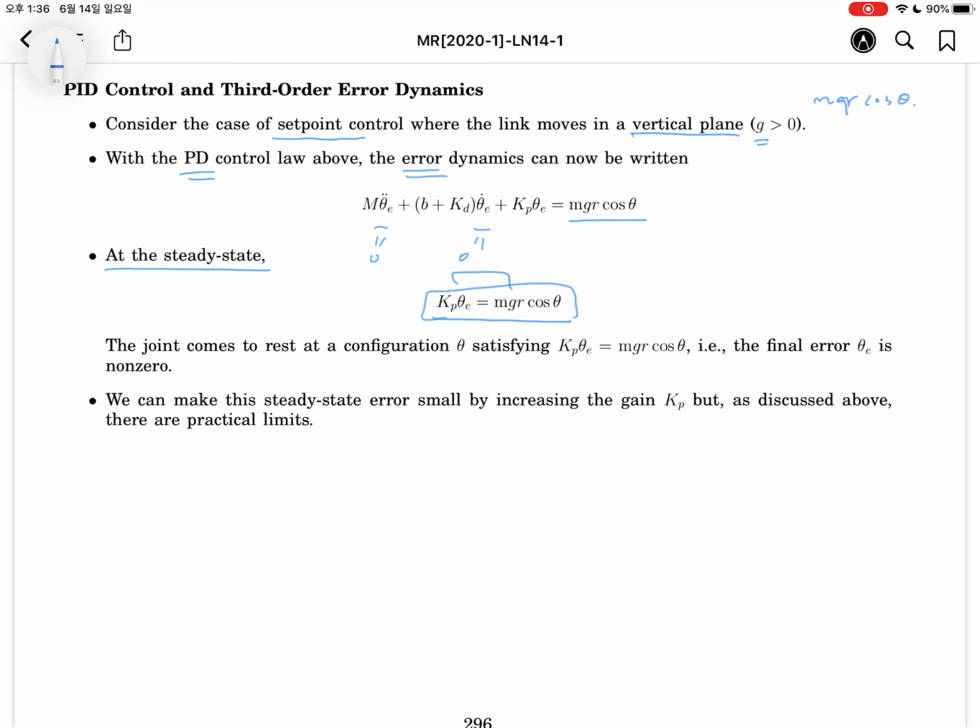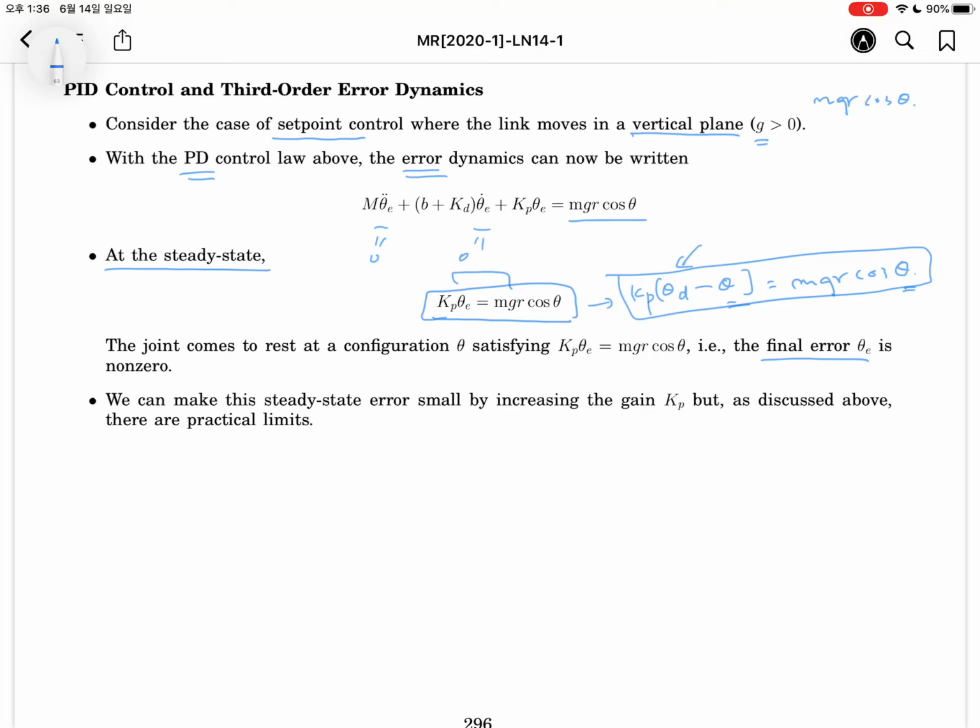Let's write it down again: Kp theta desired as a constant, and theta and m g r cosine theta. It must be a nonlinear equation. So for given theta desired, theta will be determined using this equation. So the final error is not 0. Theta will stay satisfying this equation.